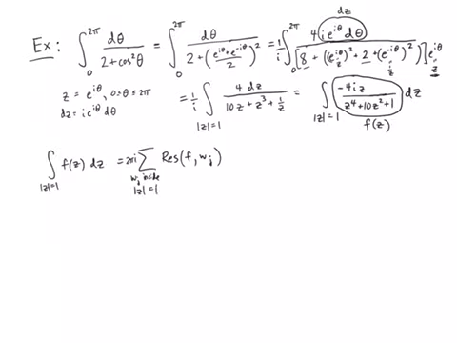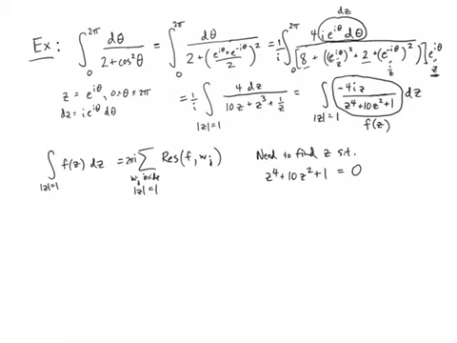Right, so we have to find the singular points that lie inside the unit circle of our function f. And that's going to be where the denominator is equal to 0. So we need to know z such that z to the fourth plus 10z squared plus 1 equals 0.